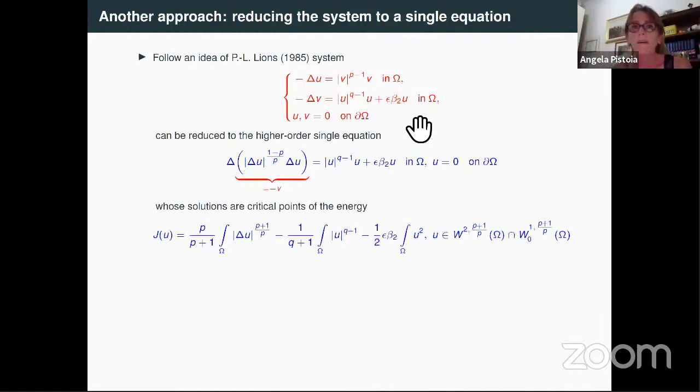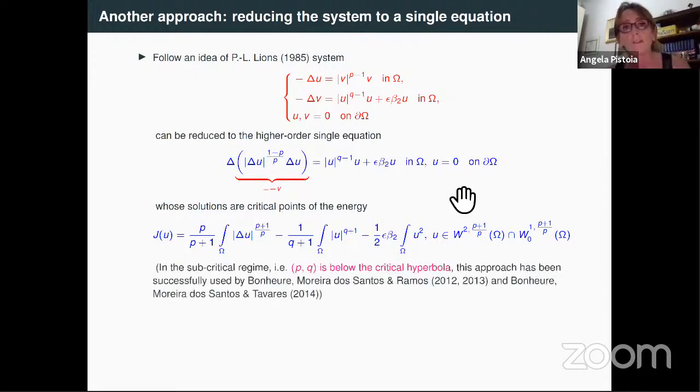Okay, so having in mind this reduction, one wants to find a solution to this single equation, but one can see that solutions to the equation are critical points of this energy. Okay, the energy J, which is defined in this way, and this is defined in this space.